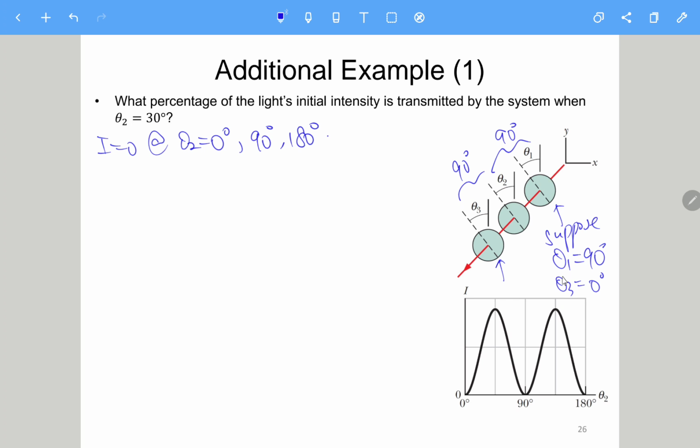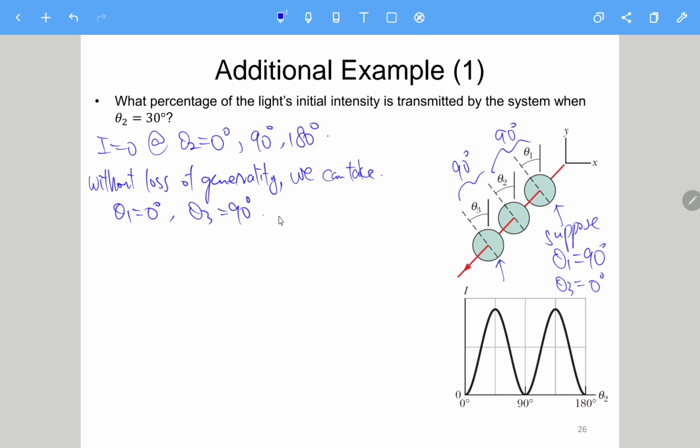So we will say, without loss of generality, we can take theta 1 to be 0 degree, theta 3 to be 90 degree.